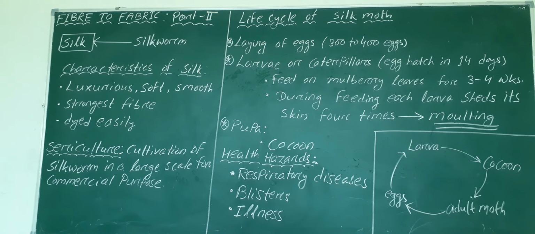And the next is pupa or cocoon. How does the cocoon form? After a month the caterpillars are ready to enter the next stage, called the pupal stage. They become big enough to weave a net around themselves.